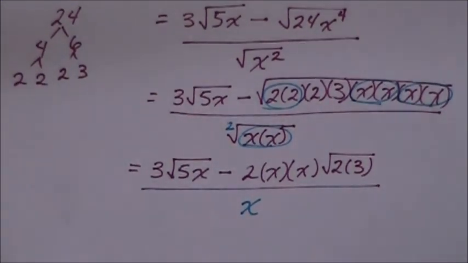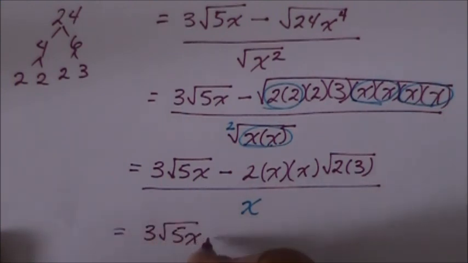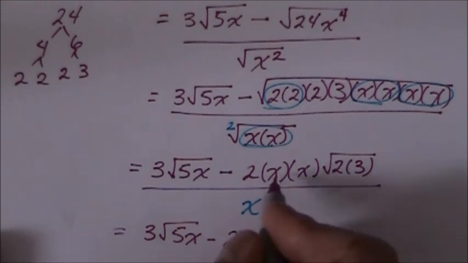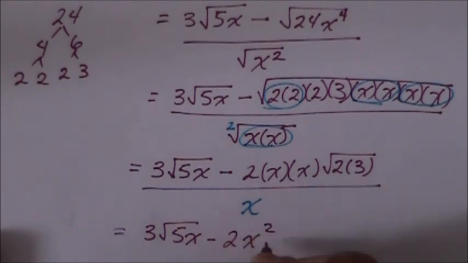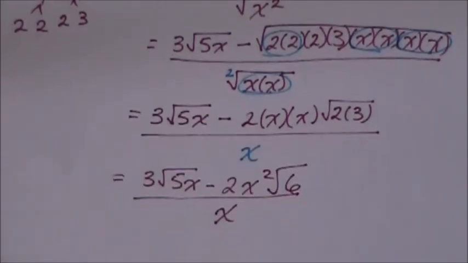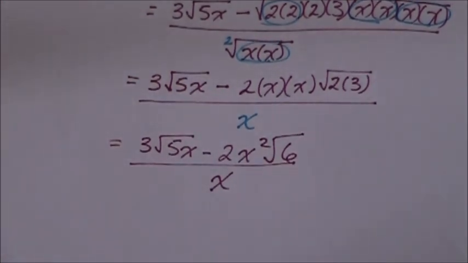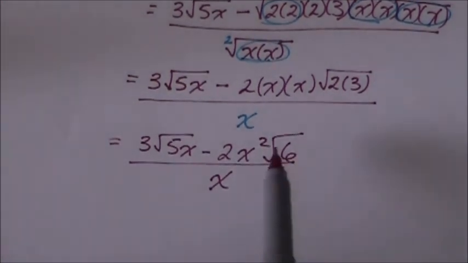Let's multiply anything that can be multiplied back together, and then we can see if we can combine terms or simplify. So we have 3 square root 5x minus 2. X times x is x squared. 2 times 3 is 6, all over x. So we've now multiplied everybody back together that were just single multiplies.